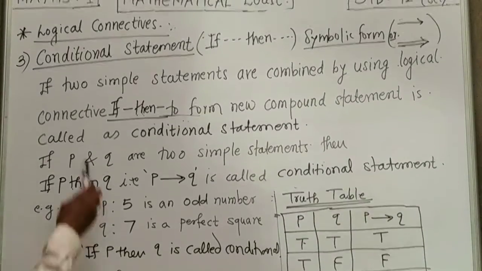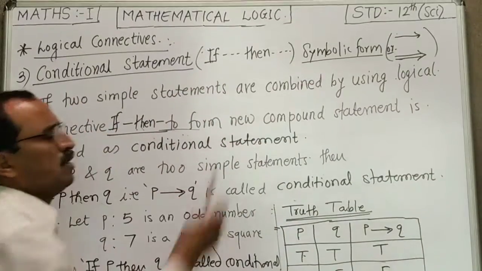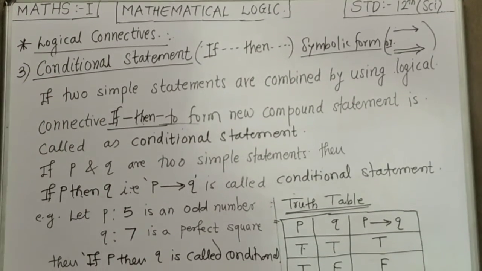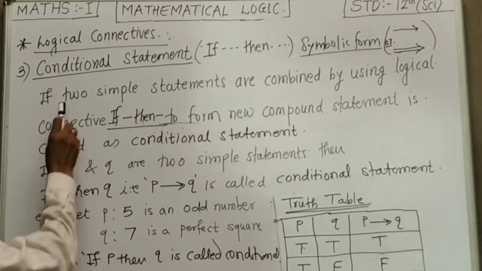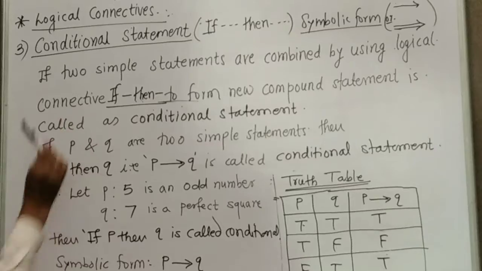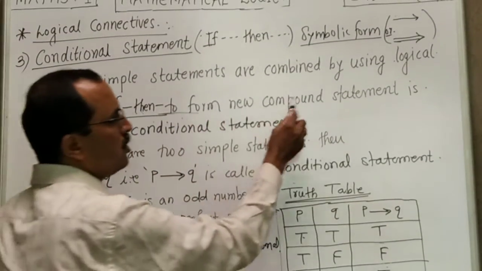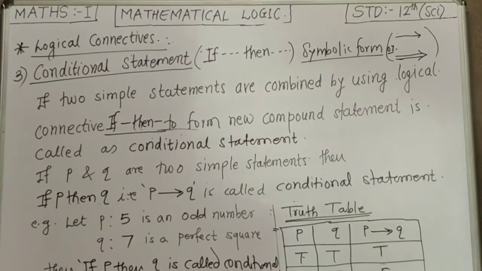Now we consider the third connective: if one statement, then another statement, means if-then statement. It is called a conditional statement. If two simple statements are combined by using the logical connective if-then to form a new compound statement, it is called a conditional statement.